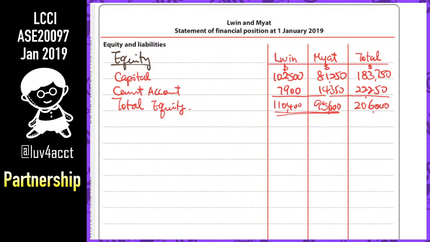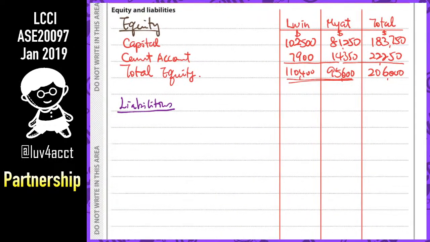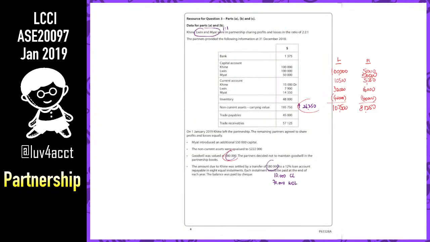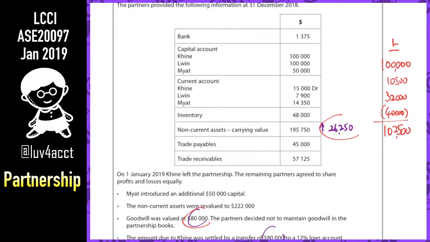Next, we go to the liabilities part. First of all, of course, we have the non-current liabilities. Let's see if we have any other non-current liabilities apart from the loan. Go back to the question. We have non-current assets, but it is not put there. Bank, it is positive. Oh, now is it a bank overdraft?